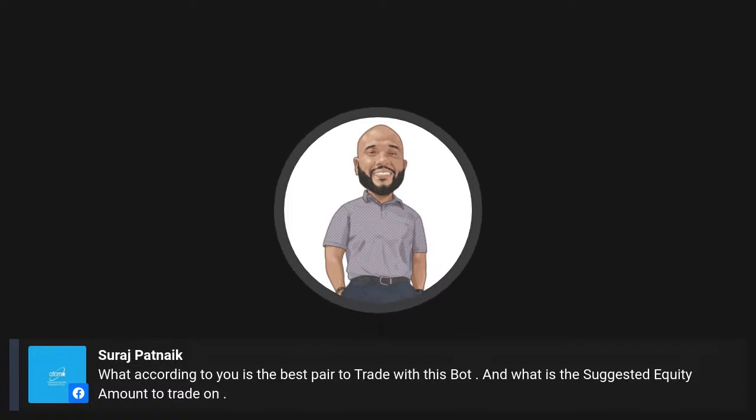What, according to you, is the best pair to trade with the bot, and what is the suggested equity amount to trade on? That's a hard question. I would say many people in our group are liking gold, so gold is a good one. Any of the pairs, guys, are great.